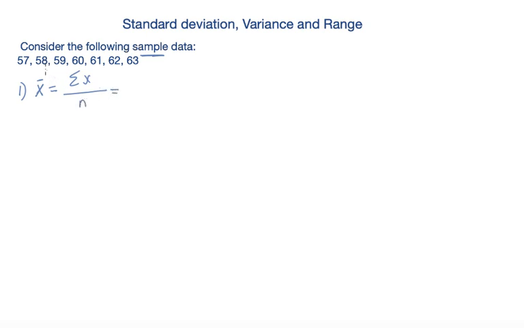So we're going to add these numbers here, 57 plus 58 plus 59, and so on, and we're going to divide them by their number. So we have 1, 2, 3, 4, 5, 6, 7 numbers. Get your calculator. It gives you 60. So we calculated the sample mean, which is 60.